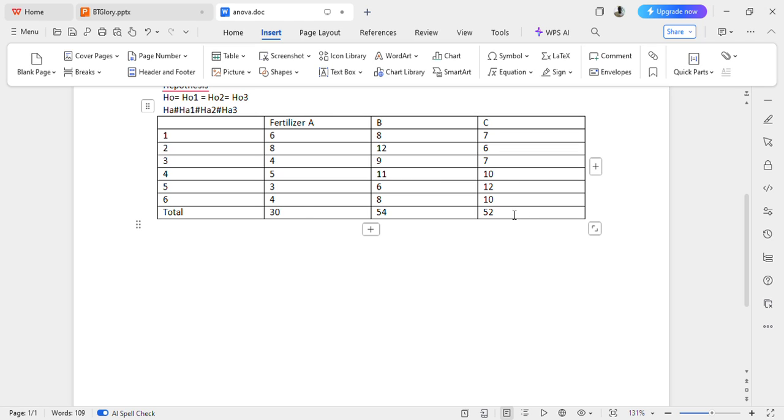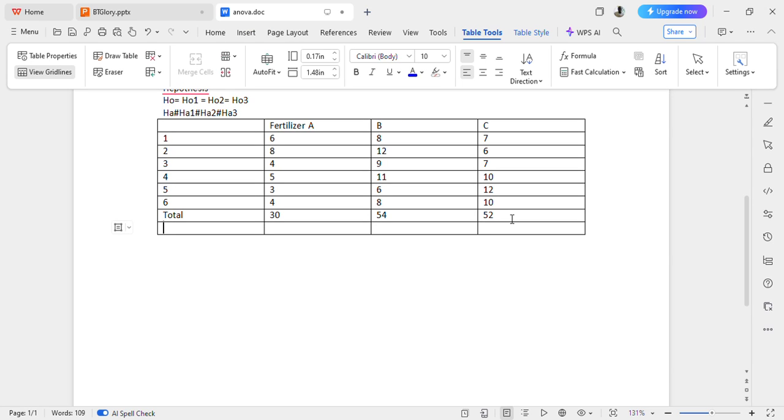Alright, so to get the mean, I think we'll do the computation just here. The mean, let me call it x-bar, equals 30 divided by 6.